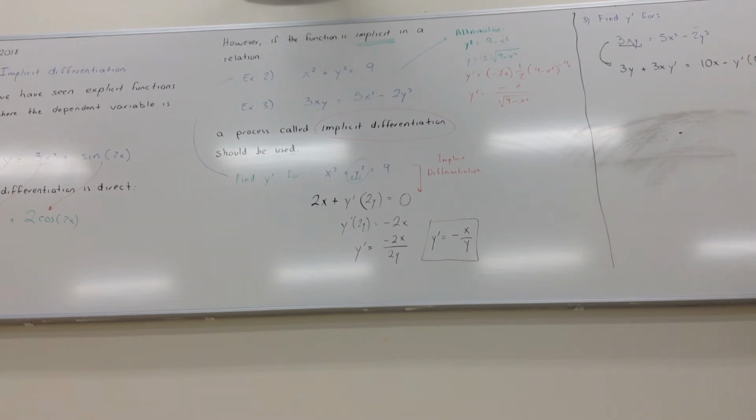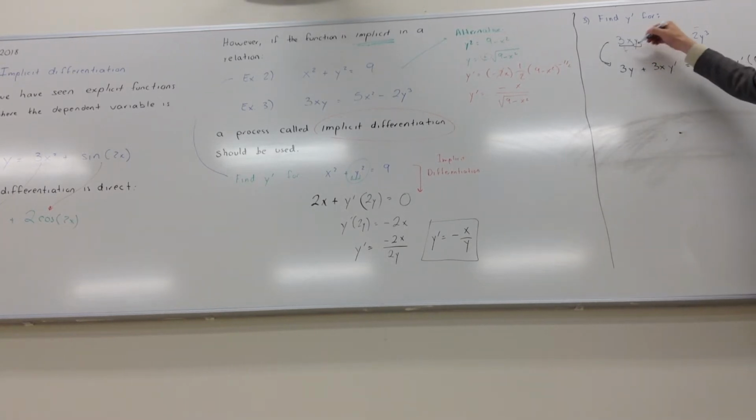Okay? Again, for this one, the derivative is direct, no prime. For this one it is y prime, for everything, 6y squared. Product rule.